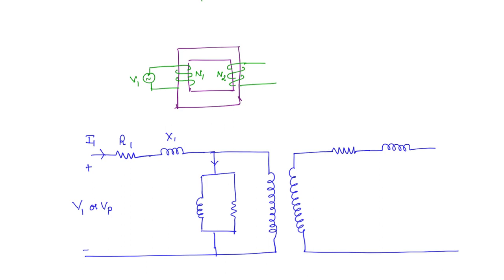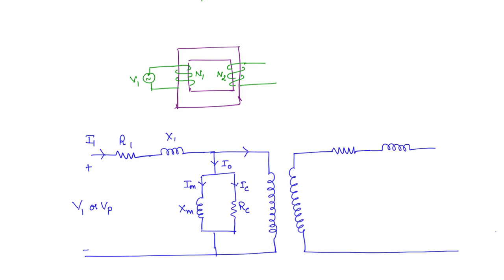And what is the current here? This is the no load current I0, this will be the magnetizing current IM, and this will be the core loss current, okay. Now this inductance we will name XM, the magnetizing reactance, and this resistance is the core loss resistance RC.